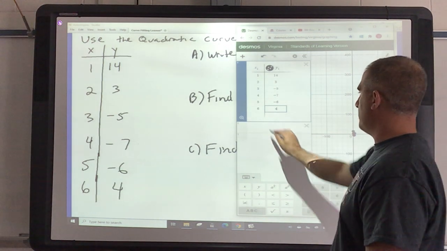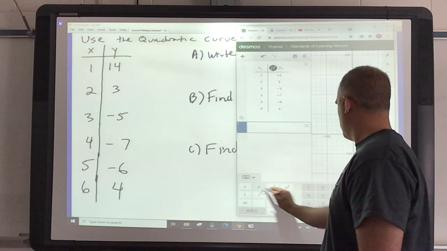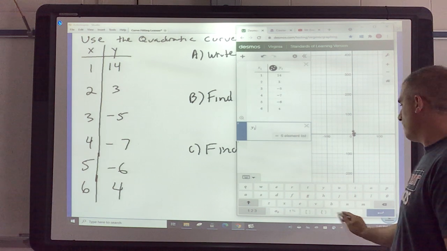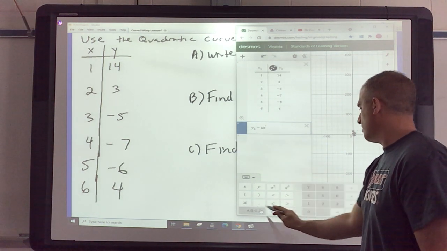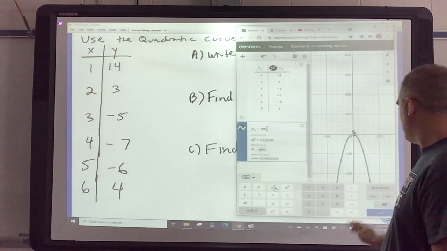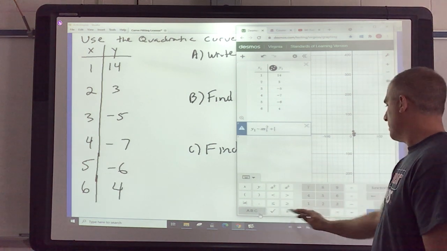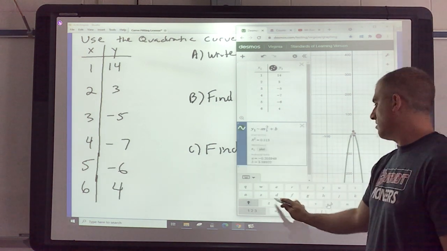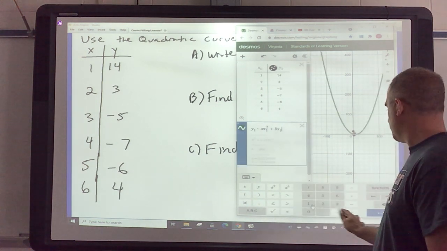I'm going to put in my y1, the curvy thing, ax1 squared plus bx1 plus c.